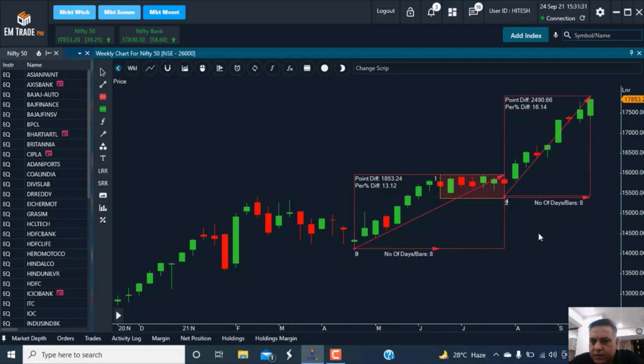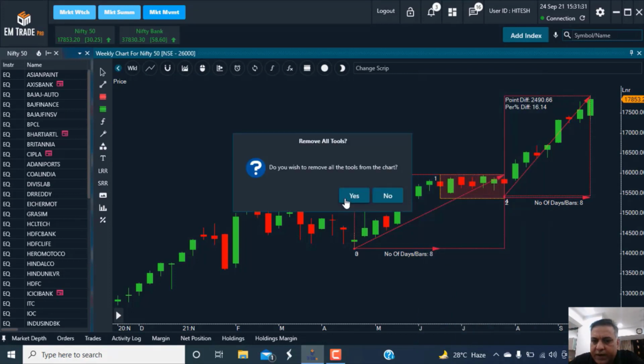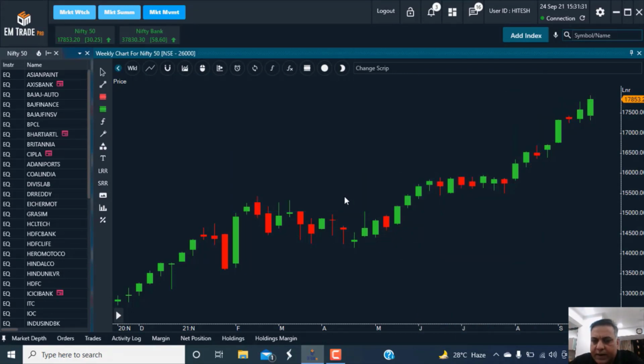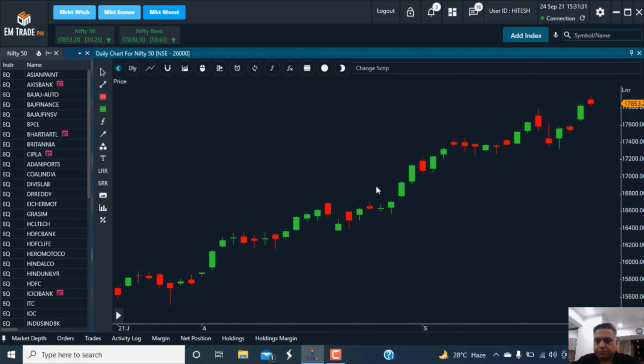So compared to 8 weeks and 13%, both time and price have been accomplished, with the move exceeding 13%. Going forward, traders should keep in mind that this move looks mature enough for a short-term corrective decline. Having said that, now let's look at the daily charts from the swing trader's point of view.